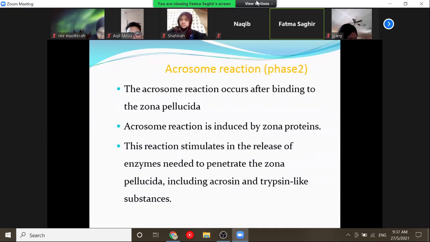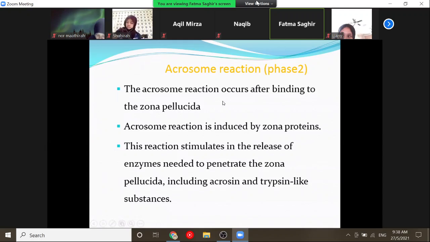Okay, so in this slide we can see that the acrosomal reaction, or acrosome reaction, happens after binding to the zona pellucida. We already know more details, that we have receptors, and after the first sperm binds with the zona pellucida, this will lead to the acrosomal reaction.